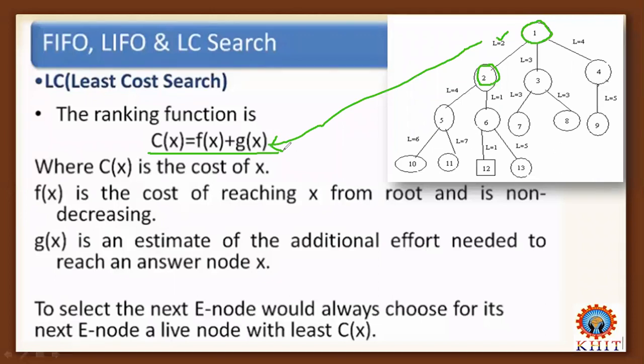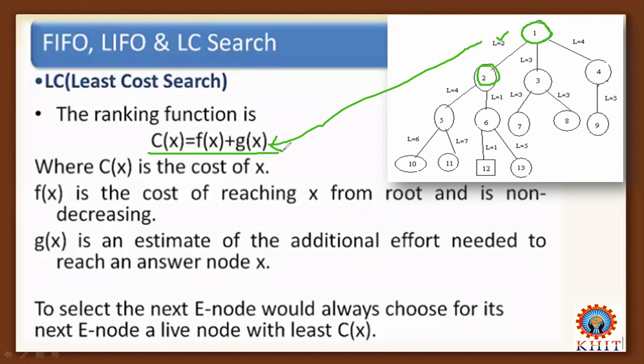F of x is the cost of reaching x from the root and is non-decreasing, that is, the cost from the root node to the current node.